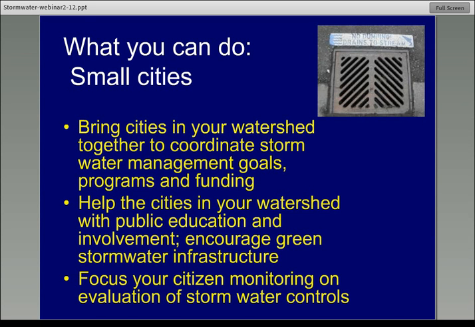And also thinking about ways that citizen monitoring programs can incorporate stormwater in their programs and trying to help. Sometimes they can be windshield evaluations of best management practices and whether they're in place, and sometimes it can be more detailed in-water monitoring.